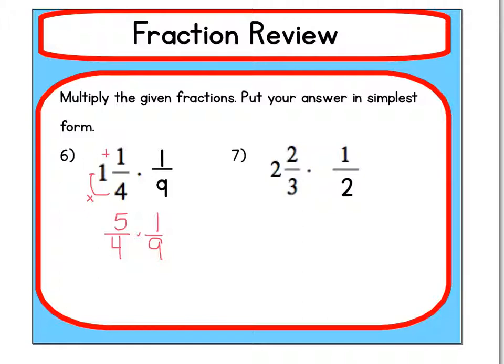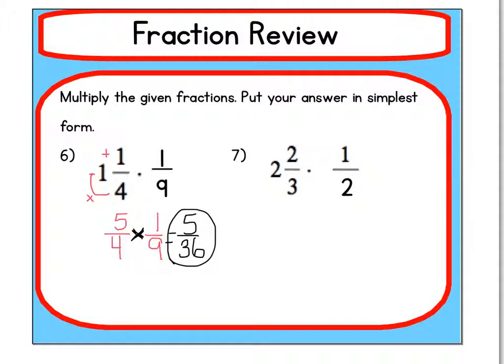Then I follow my rules for multiplying fractions. I look to see if I can reduce. The 5 and the 9 do not reduce, so I leave them as is. The 1 and the 4 do not reduce either. So now I do top times top, which is 5, bottom times bottom, which is 36.